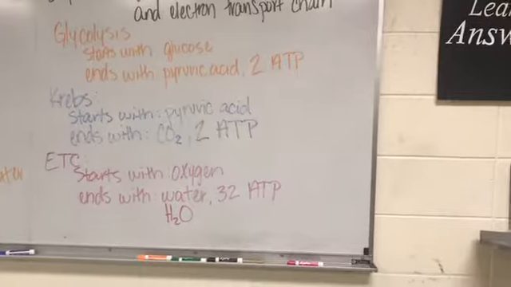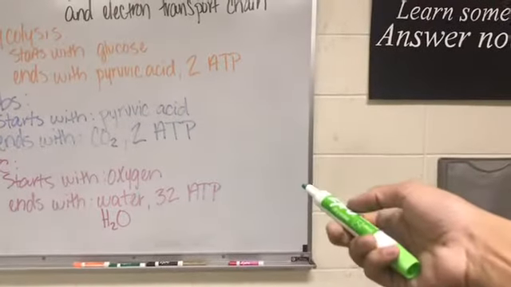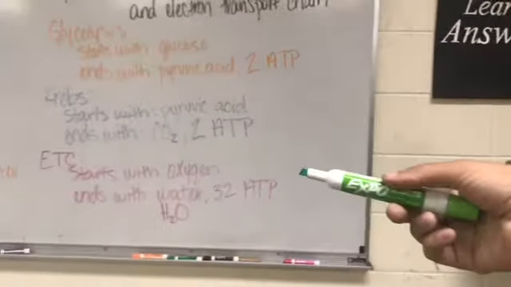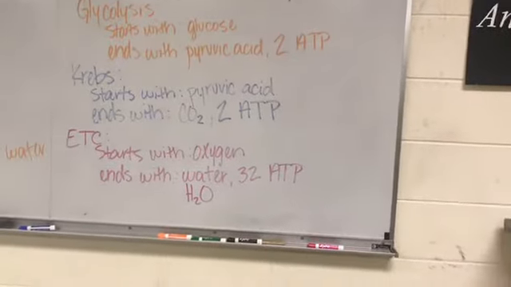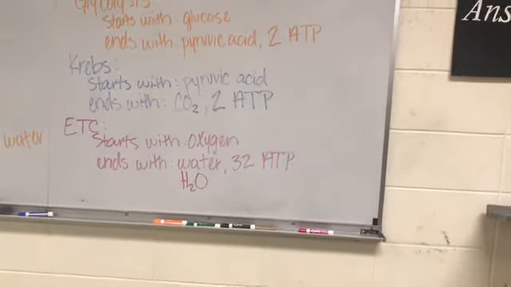Okay, so we got pyruvic acid moving on to the Krebs cycle. With the pyruvic acid, Krebs cycle makes carbon dioxide. So we just made another product, and 2 ATP. So we got yet another energy made right there.